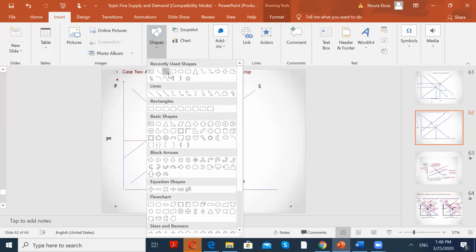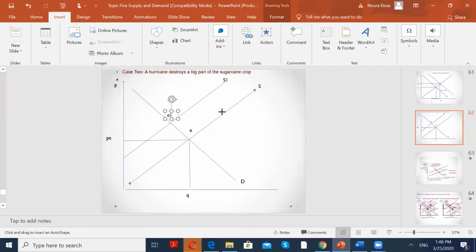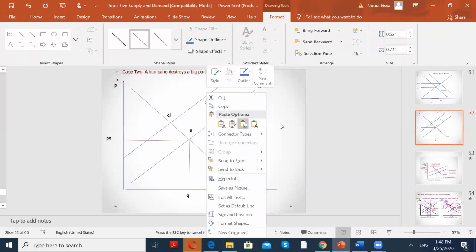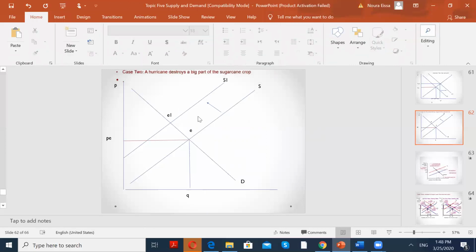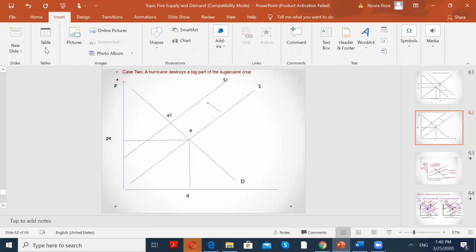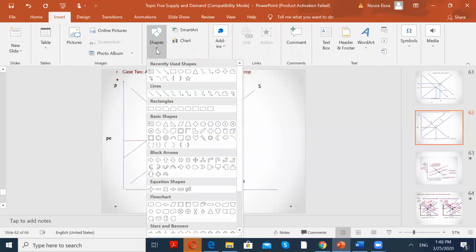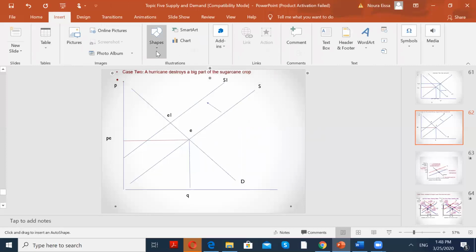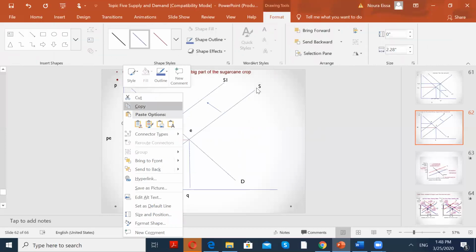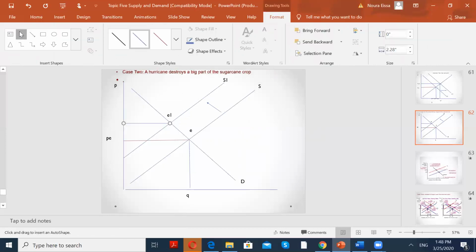It was a leftward shift, so show your arrow. You also need to show the new equilibrium price. Where is it? Yes, right here. And this is your new equilibrium quantity right here.